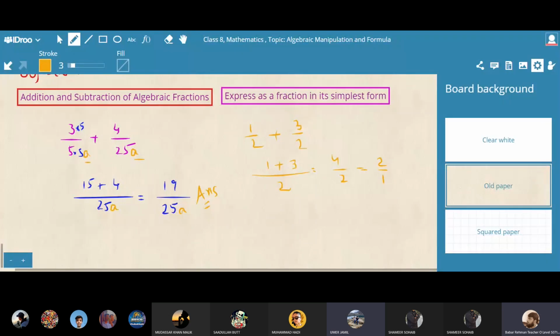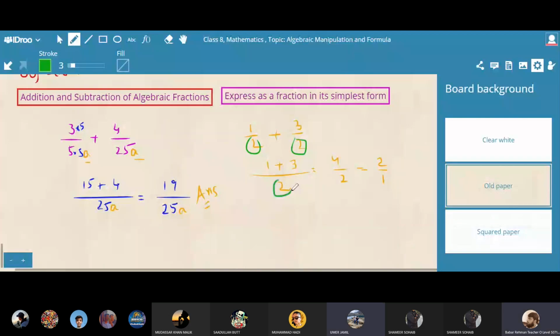Sir, if we are given two variables, like 5a and 25a, a and a will not be a square? No, a will not be a square like this. Look at this. This is 2 and this is 2. Did I write 2 square or only 2?